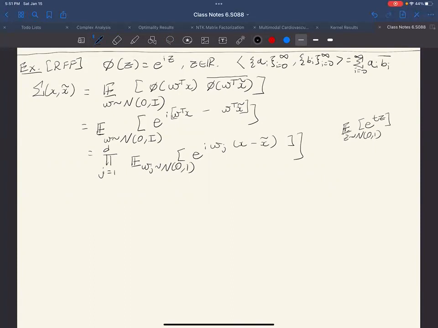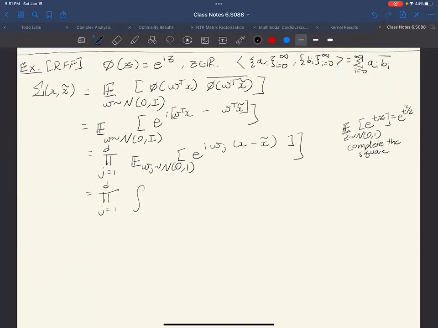So we know how to compute such integrals. Let's just do it here. The trick was to complete the square, and this was like e to the t squared over 2, if I remember correctly. So we just do the same trick here.